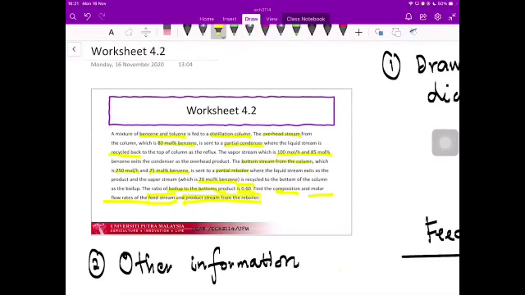As we had pitched before, first highlight the key information. Here we have highlighted the key information as we go along.